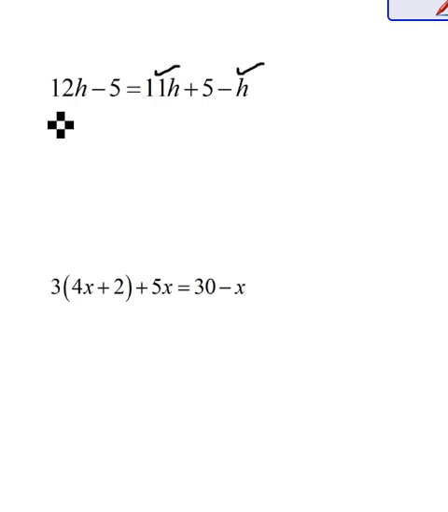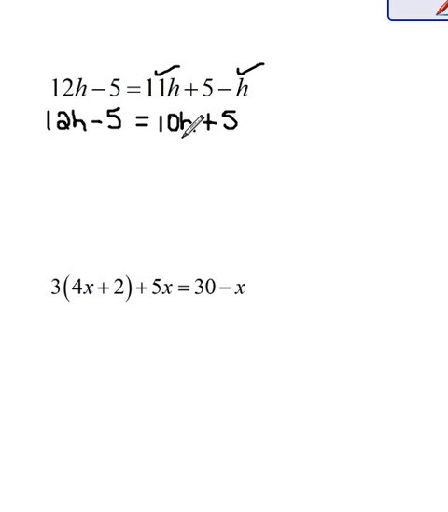So I'm going to rewrite my problem as 12h minus 5 equals 11h minus 1h would be 10h, and then we have our plus 5. Now we've combined on both sides. Now we're ready to finish combining or moving across the equal sign. So let's put our h's together, and remember, I like to move the smaller one if possible.